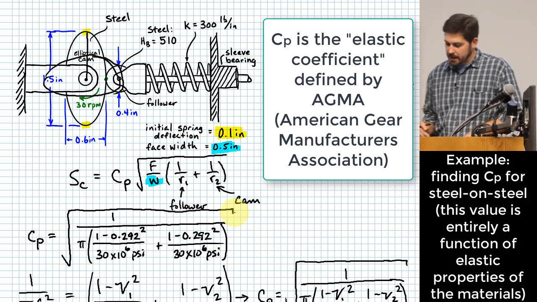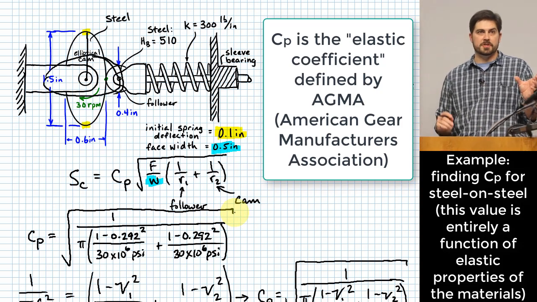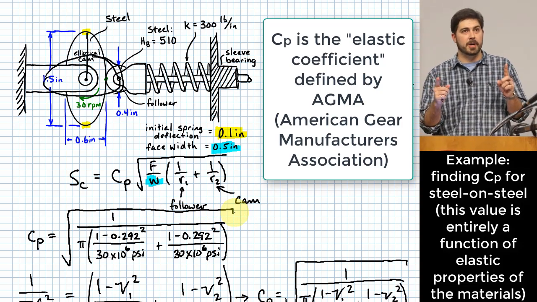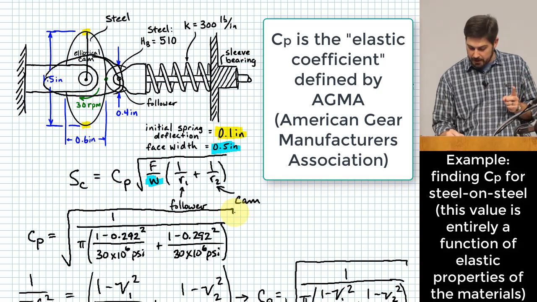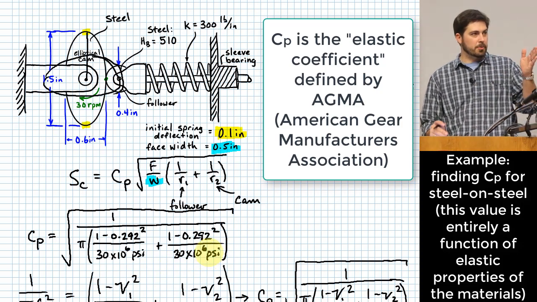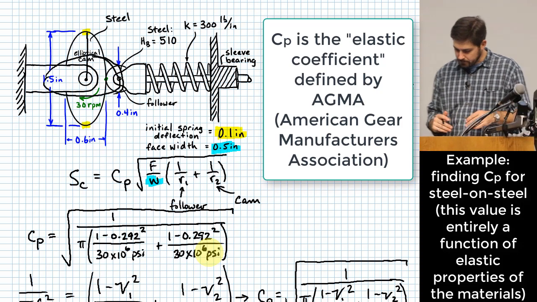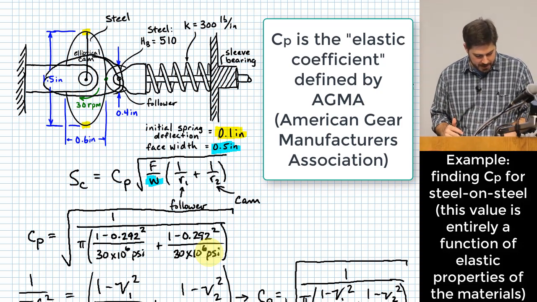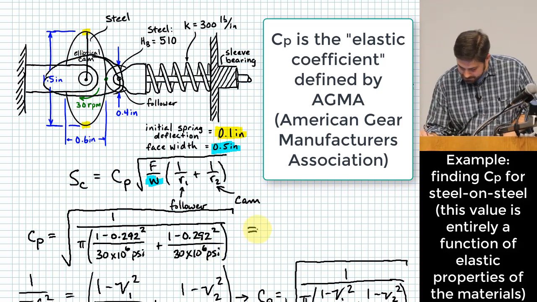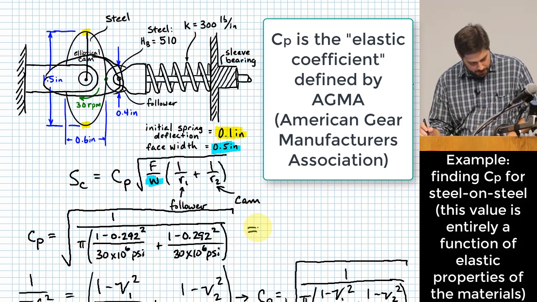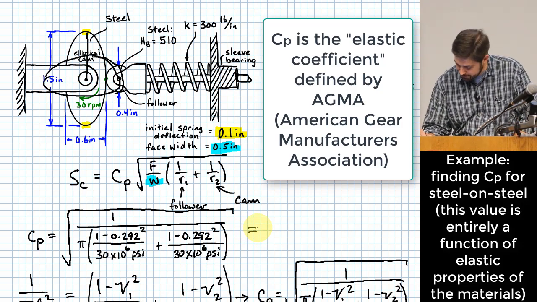If you had materials that were dissimilar to one another, then you would have to put in properties that were different for one piece versus the other piece. But in our case, we have the same properties for each. This winds up being 72.2475.